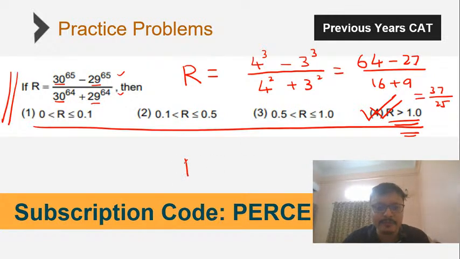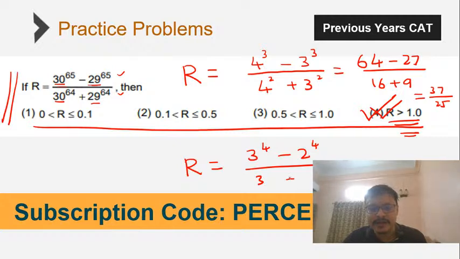In fact, you could have tried with some other number also if you wanted. For example, let's say 3 to the power 4 minus 2 to the power of 4. The left hand side is greater than the right hand side. So we keep this as 3 and this is 2. The power in the numerator is 1 more than power in the denominator.